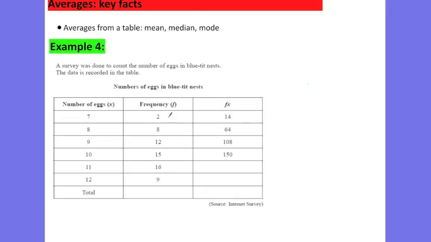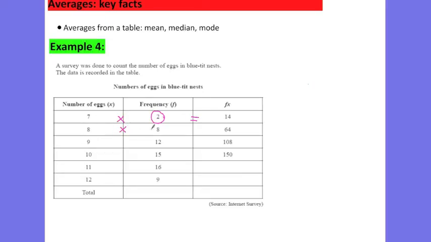How many of the nests had 7 eggs? 2 of the nests had 7 eggs. If we have 2 nests with 7 eggs, altogether we have 14 eggs. This column here, fx, is found by multiplying our variable with our frequency.